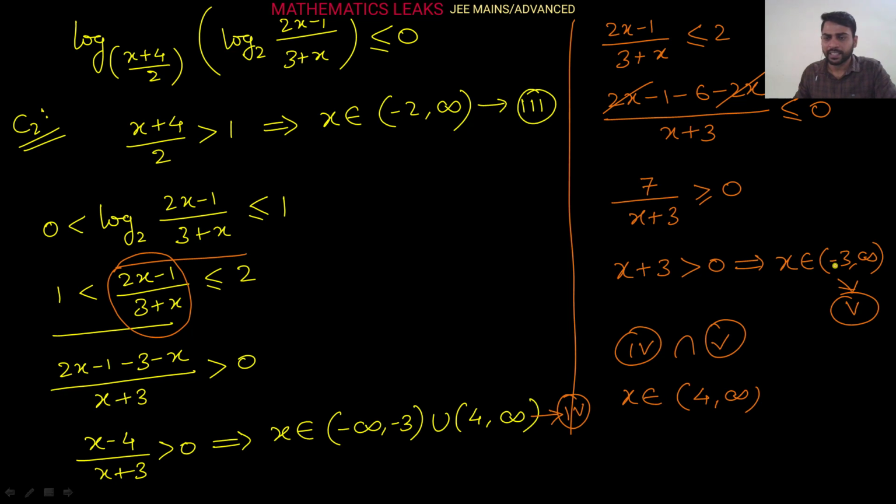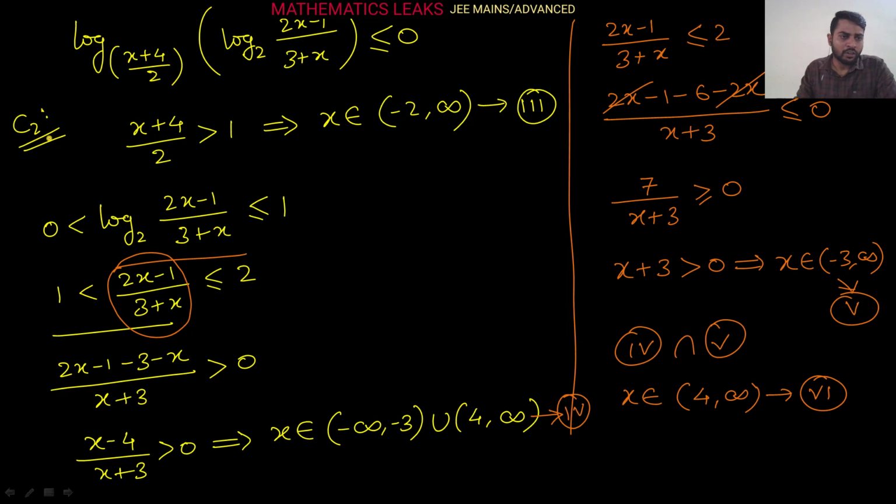One is saying greater than −3, the other is saying less than −3, no intersection. It is saying greater than 4 and greater than −3, so the intersection is (4, infinity), right? This is the value of x so that this quantity will be in between 1 to 2, and 2 will be in a closed interval, right? Let's suppose this is our equation number 6.